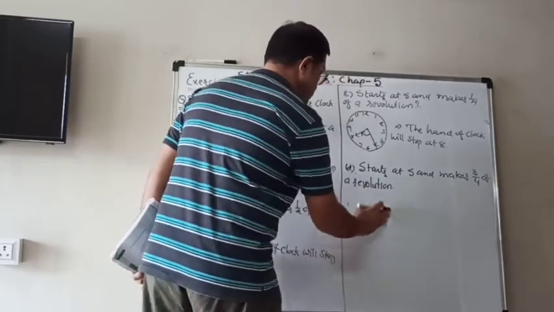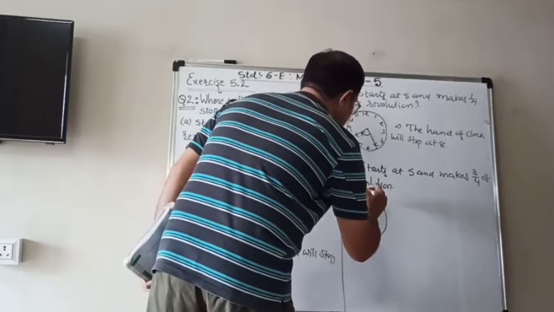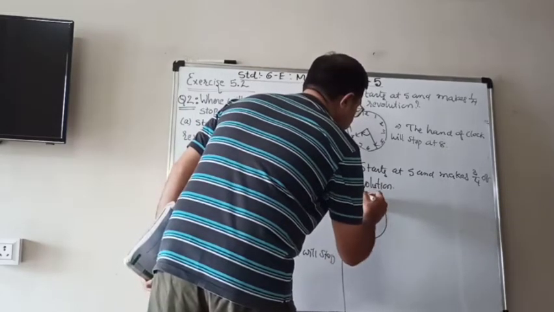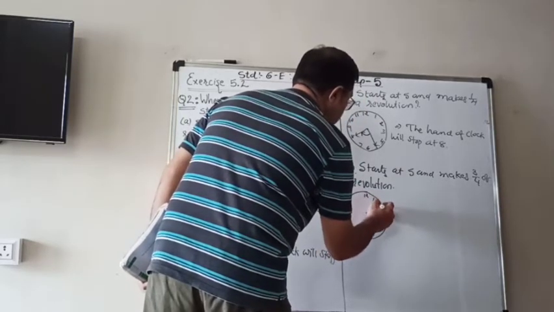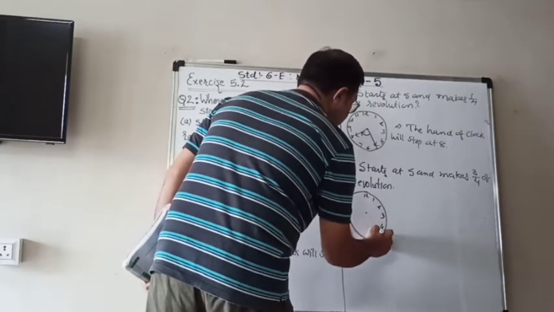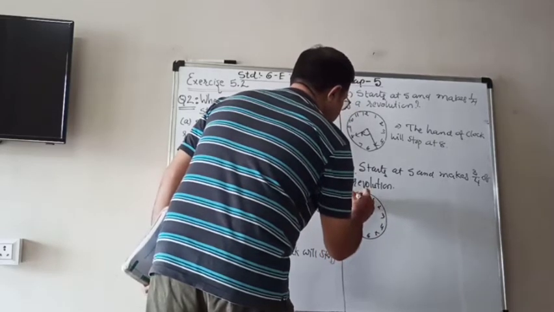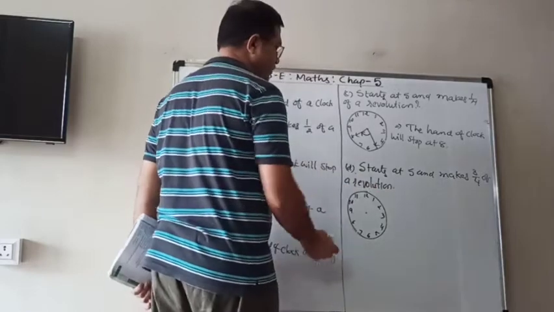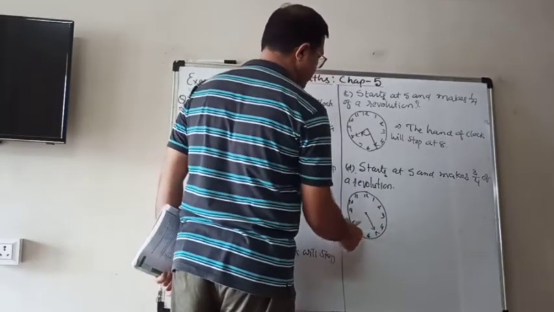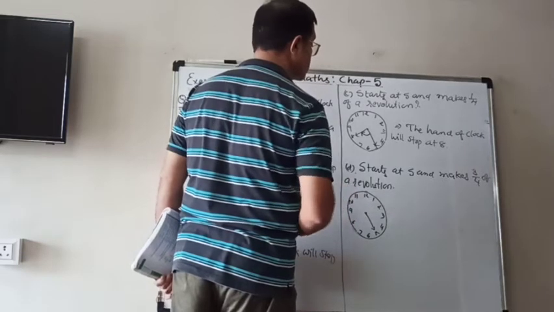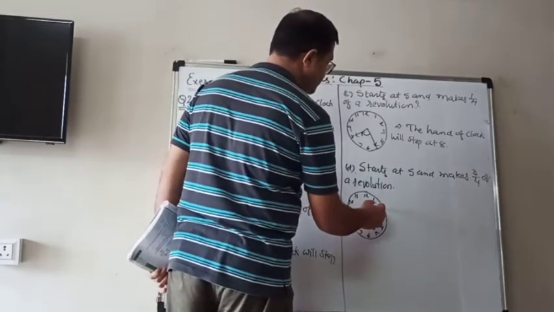So 12, 3, 6, 9, 1, 2, 4, 5, 7, 8, 10 and 11. Now we have to start from point 5 and 3 right angles.